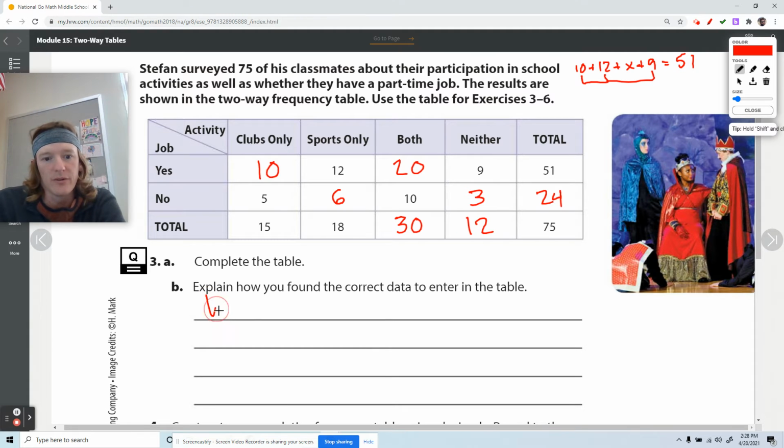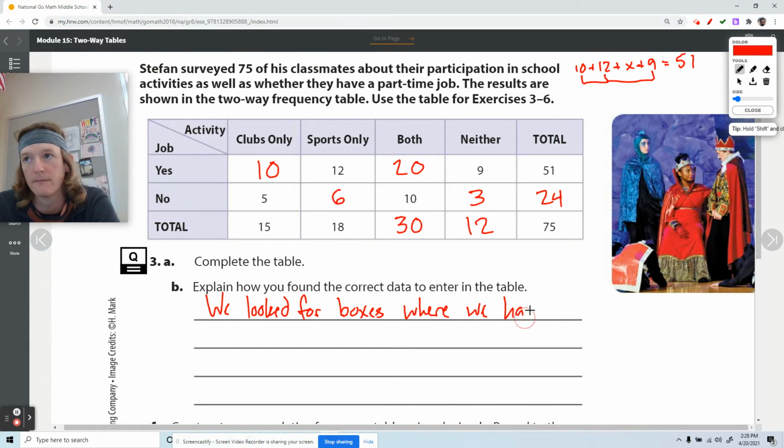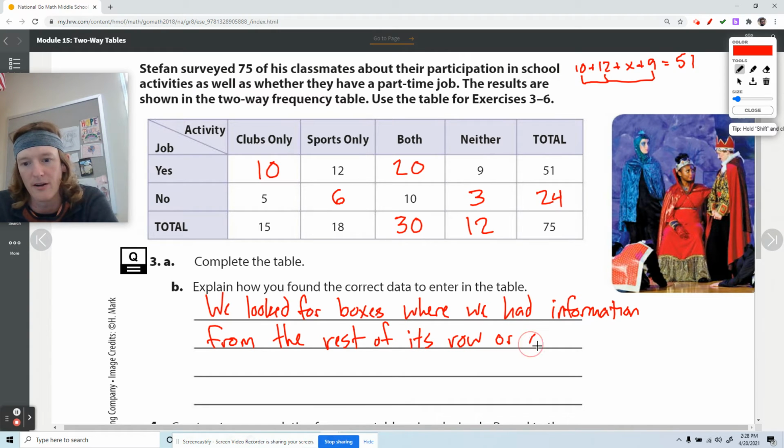Well, what we did is we looked for boxes where we had information from the rest of its row or column.